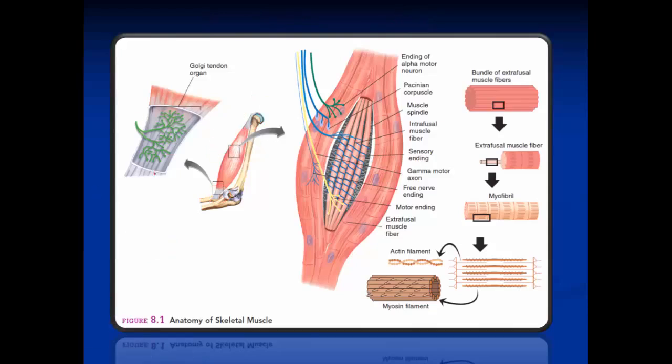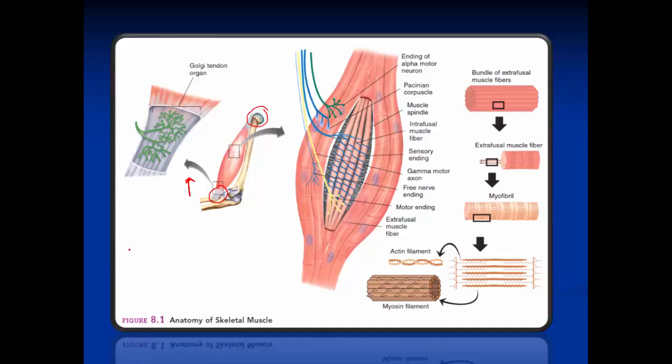Now, when this shortens, you know that it's going to be your lower arm that moves up. This is your shoulder. This is on one of the arm bones, the ulna. So when this contracts, this end moves up.